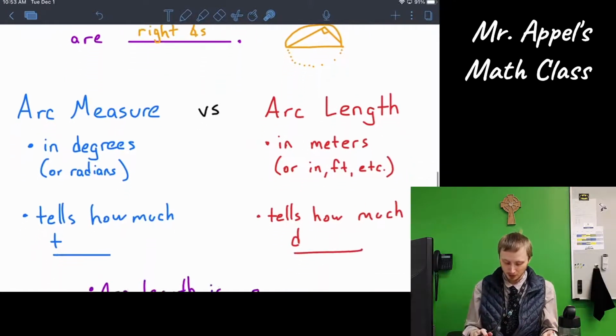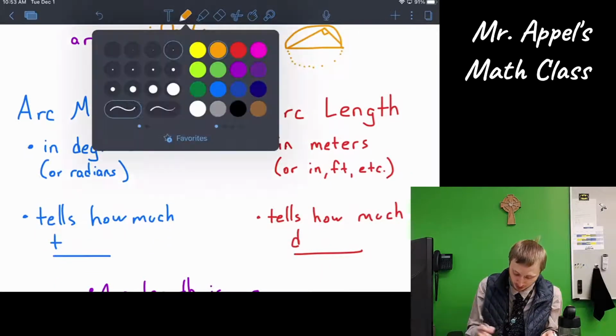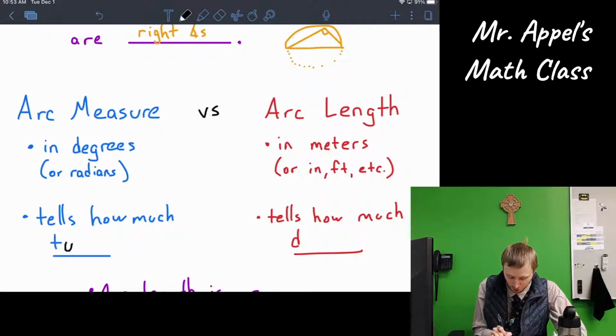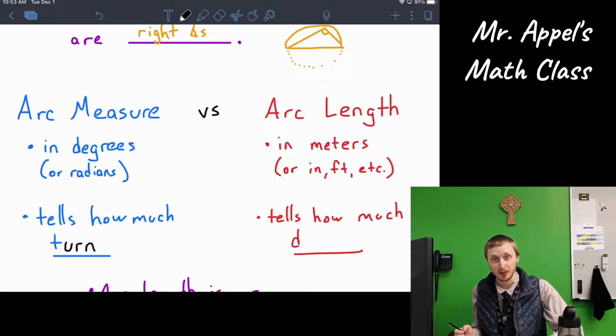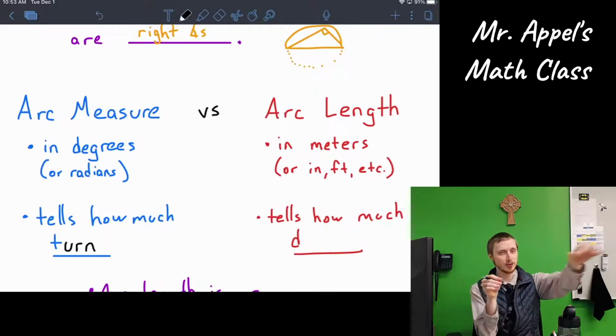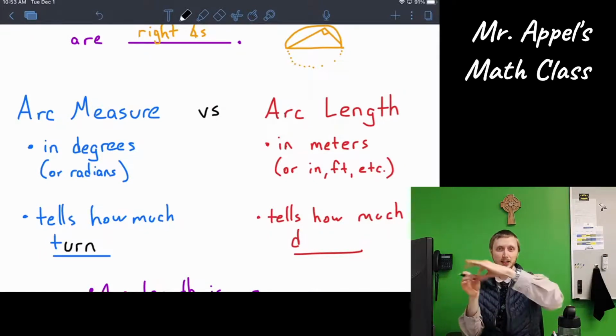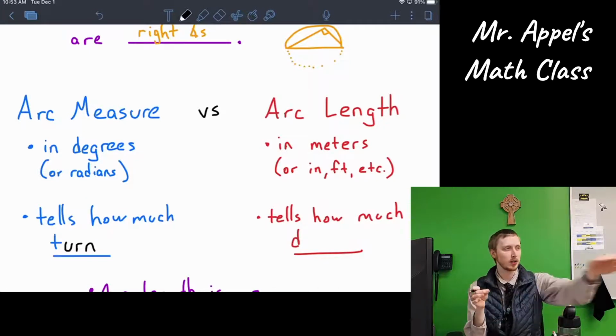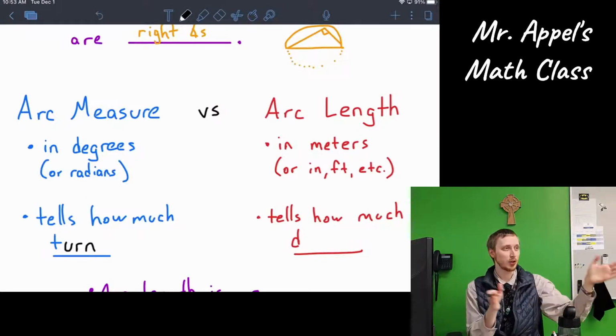Arc measure tells us how much turn in the circle. It's how much did you rotate around the circle? Because a full circle represents a whole rotation, spinning around, and the arc is how far along did you go there? How much turning did you do?